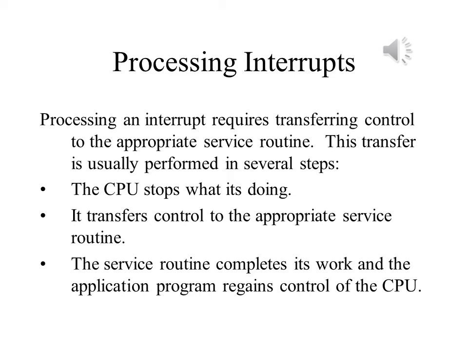Then it has to transfer control to a general interrupt handling procedure. This procedure has the job of determining the nature of the interrupt and to which interrupt service routine it must transfer control. After the interrupt service routine does everything required to service the interrupt, it will transfer control back to the application program.